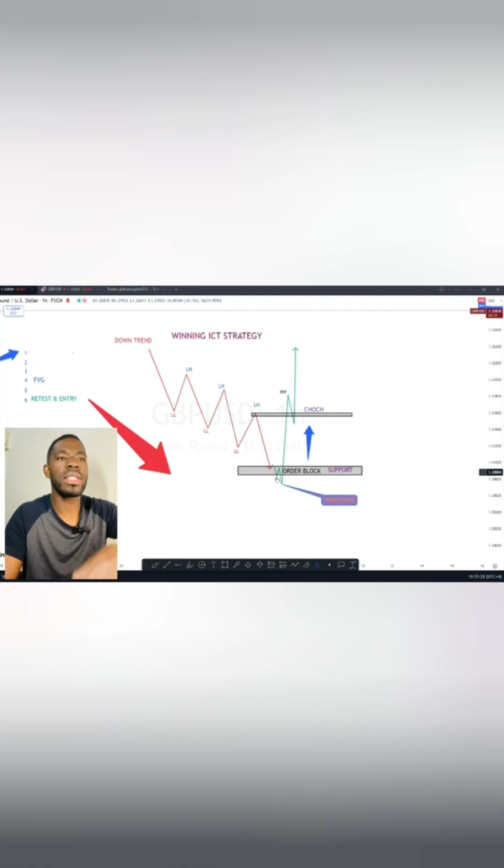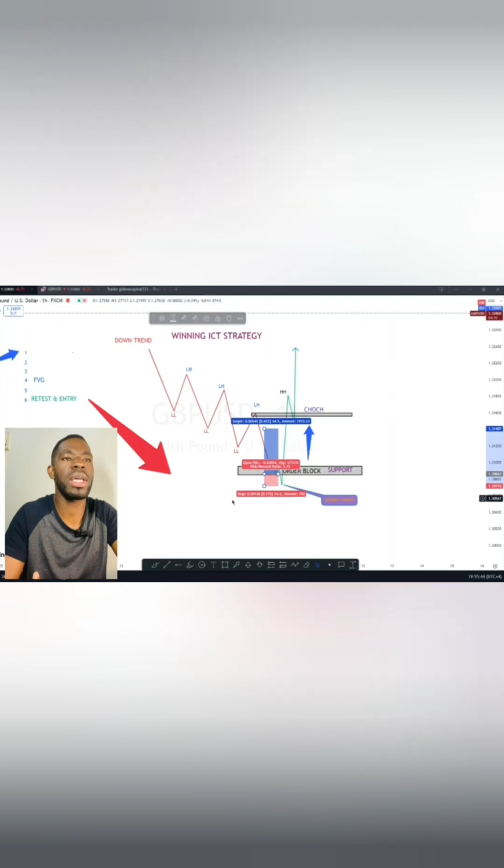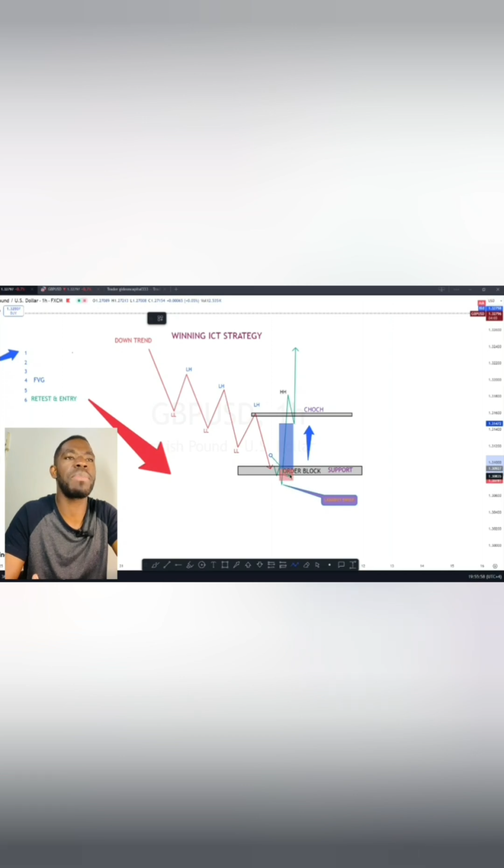Normally you have long wicks that are piercing downwards to take out the stop losses of people who have placed buy orders around here. Normally retail traders place a lot of buy orders around the major support areas like this. So what happens is that the institutional buyers wait to take out the liquidity, the stop losses of people here, before the price gathers momentum all the way to the upside.